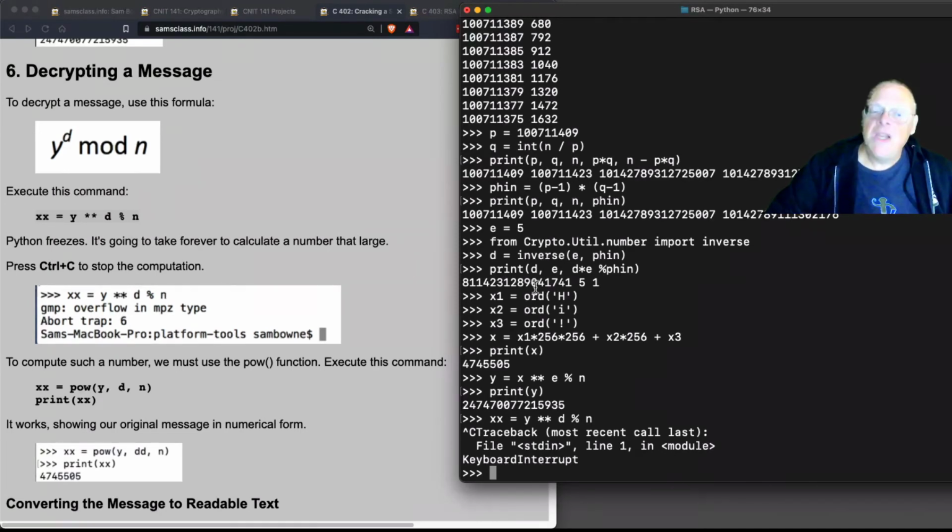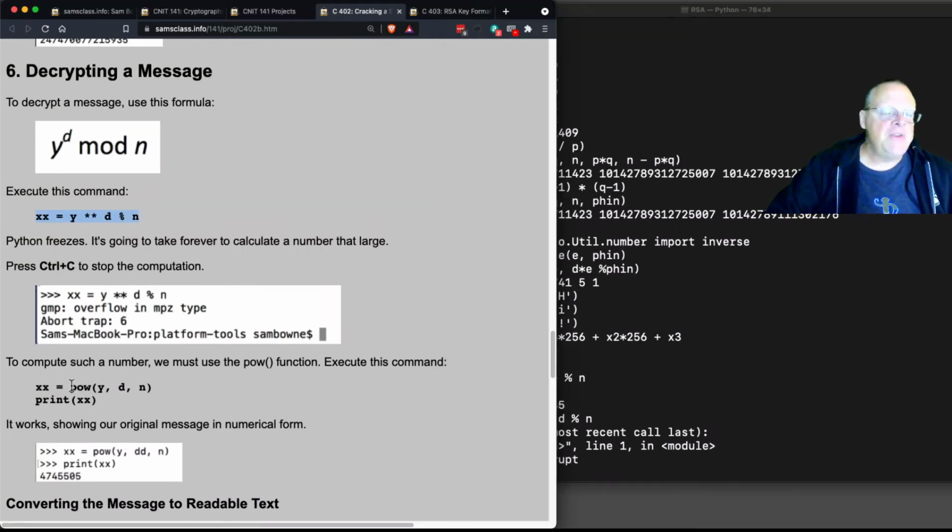But I don't really want that. I'm going to take it modulus n. Since I can do it modulus n, there are shortcuts. That's what the pow function does. Y to the D mod n can be calculated much more efficiently because it doesn't keep growing to a huge value. You can keep on using the modular property to trim it down to a small size as you go through the steps. So this function will calculate it efficiently.